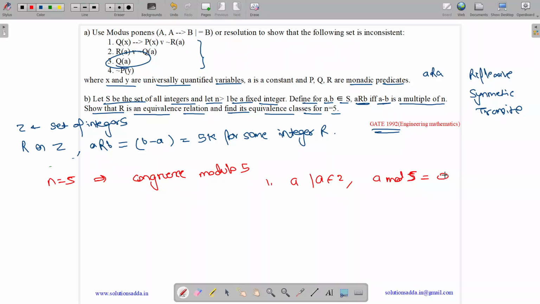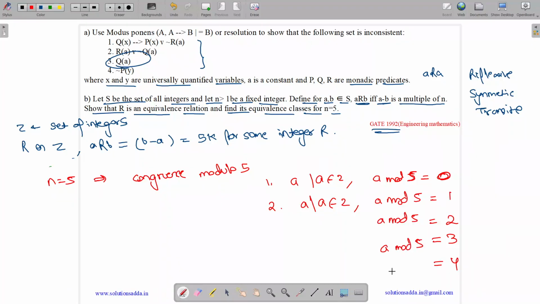All the items whose modulus with 5 gives 0 will come to one equivalence class. All the items A such that A belongs to Z and A mod 5 equals 1 come to the second equivalence class, A mod 5 equals 2 come to the third, A mod 5 equals 3 come to the fourth, and A mod 5 equals 4 come to the fifth equivalence class.